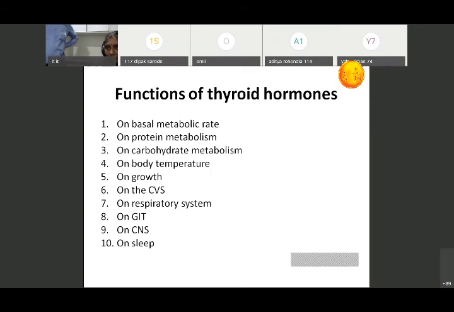Some questions I should ask you. Where the thyroid gland is situated? Tell me the anatomical position of the thyroid gland.